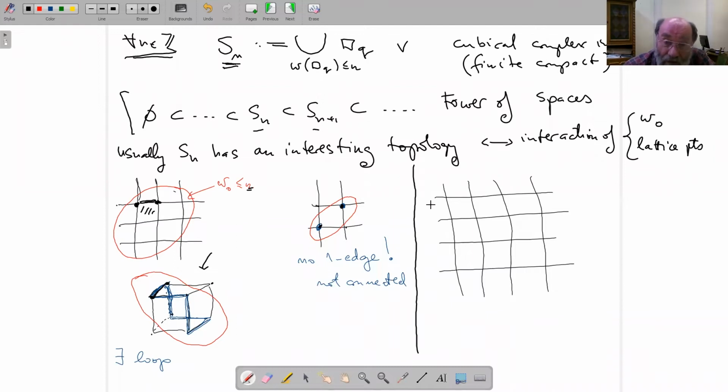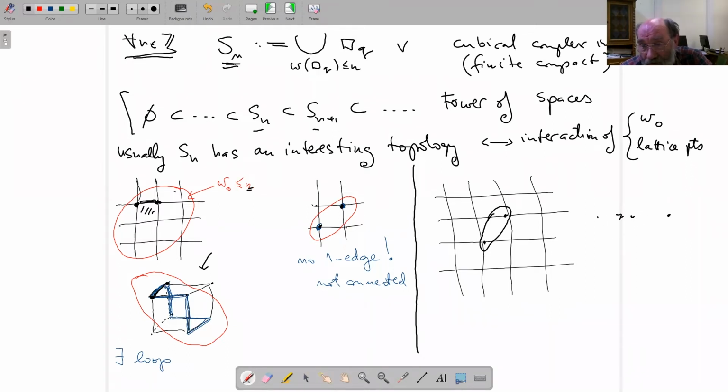Let's say, for example, for the towers. If I take the S0 level, then I will have something here, and they are not in the same connected component. So at level n, I will have two components.